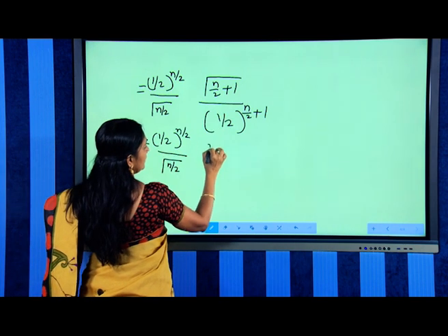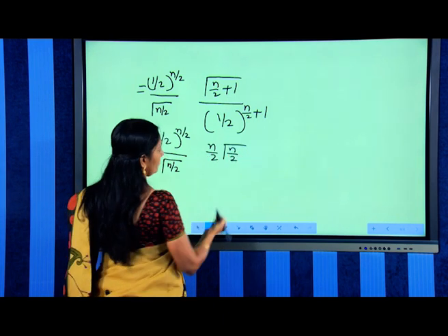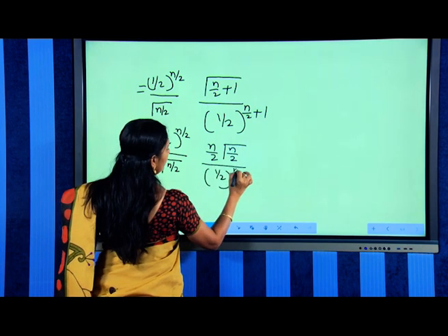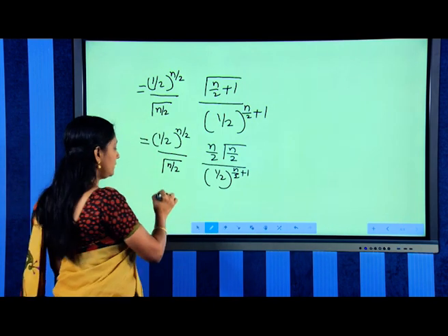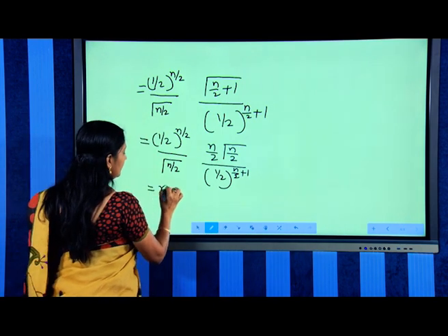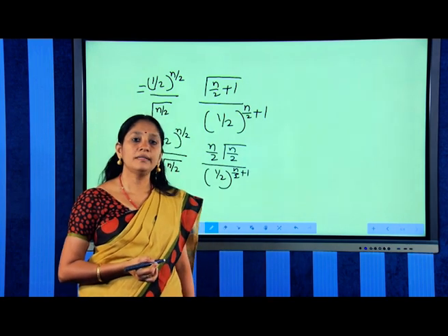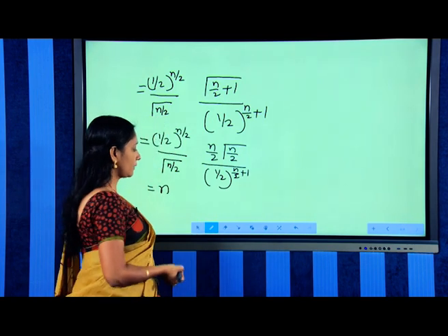This part is n by 2 gamma n by 2, and here you have again 1 by 2 to the power n by 2 plus 1. Simplifying this, we get it as exactly equal to n. So, it means the mean of the chi-square distribution is n.